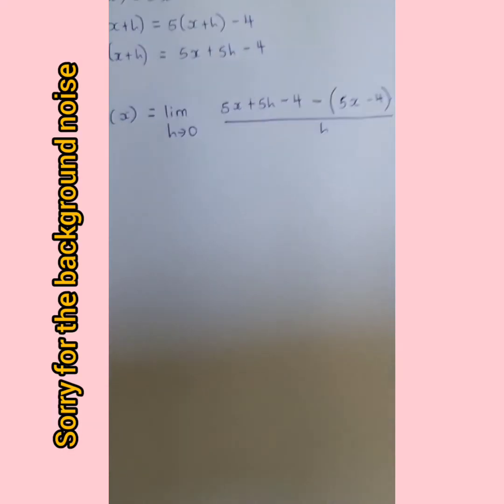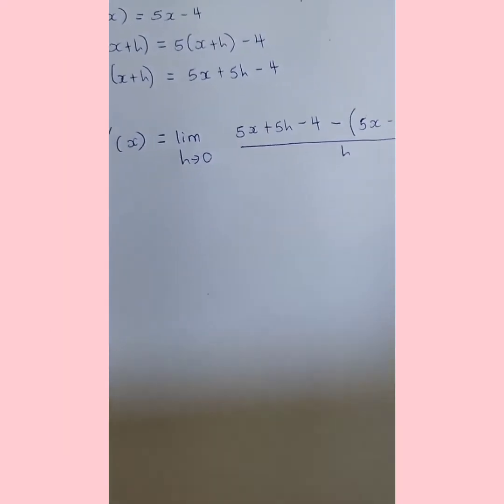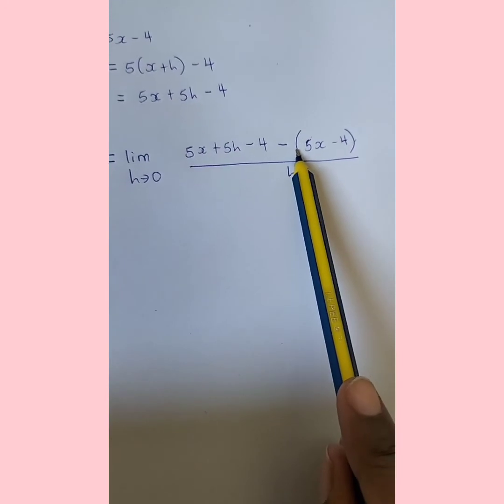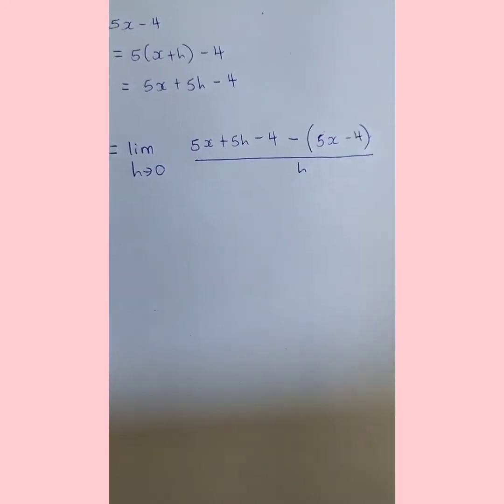I hope you guys are following well. After that, we remove this bracket by multiplying the negative sign to all the values in the bracket.